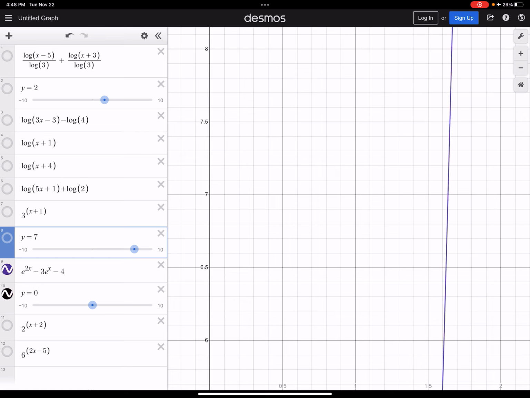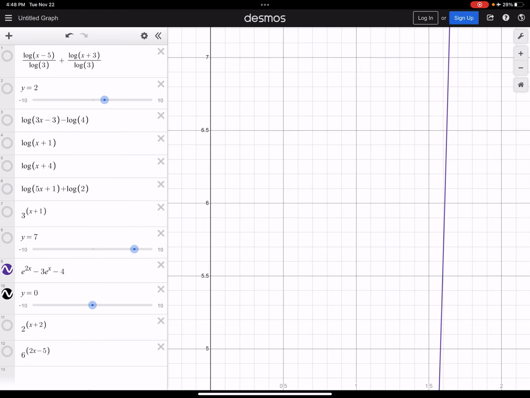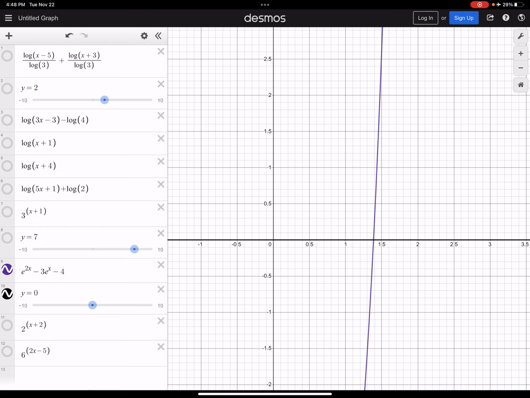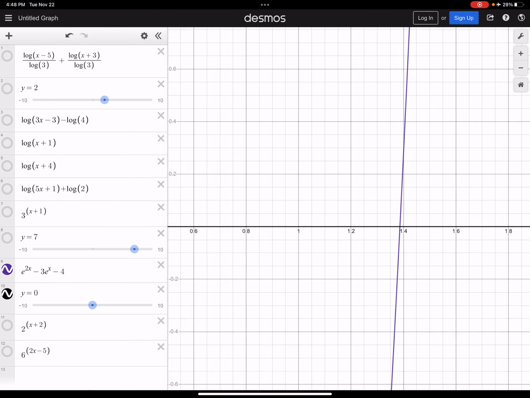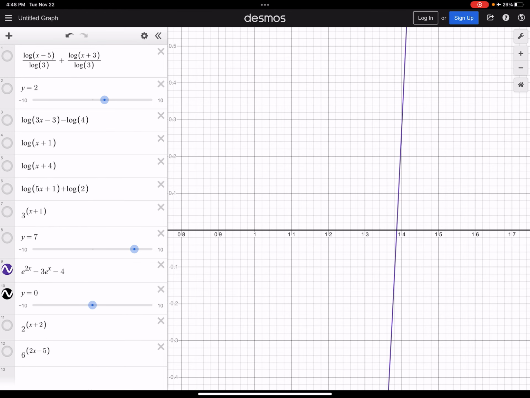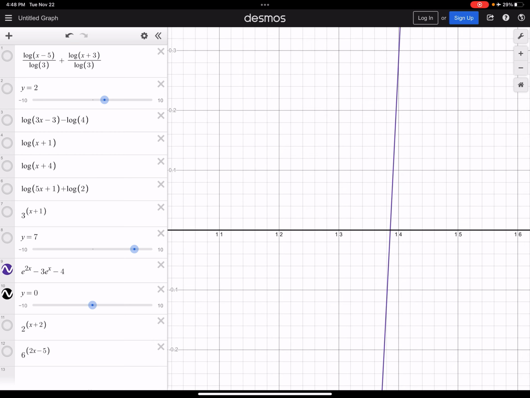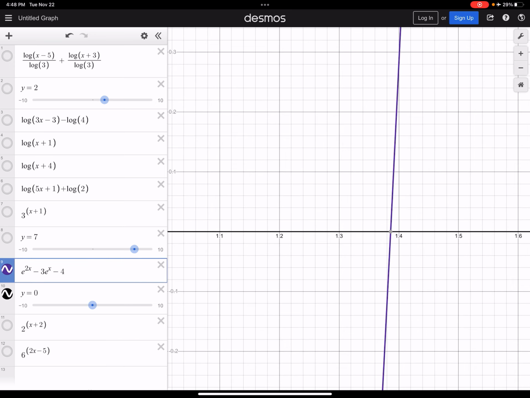For the next one, e to the 2x minus 3e to the x minus 4, and y equals 0. When we had solved that one, we had gotten approximately 1.386, and if we look here, 1.3863. So there we go when those solve graphically.